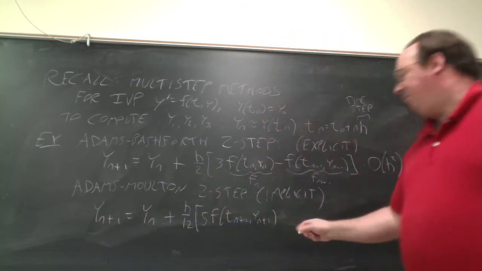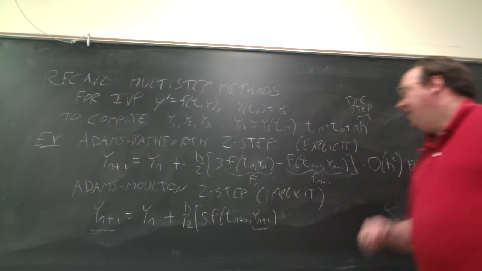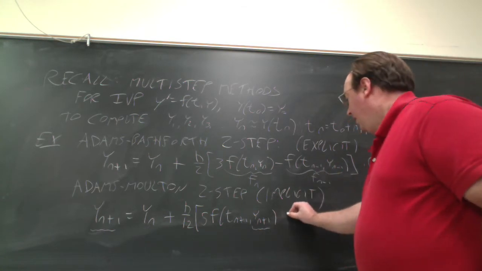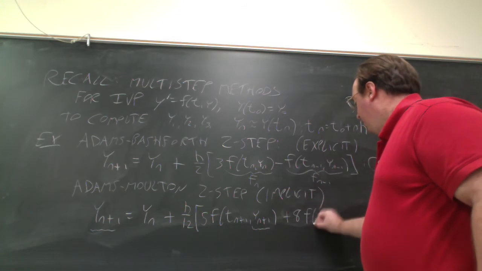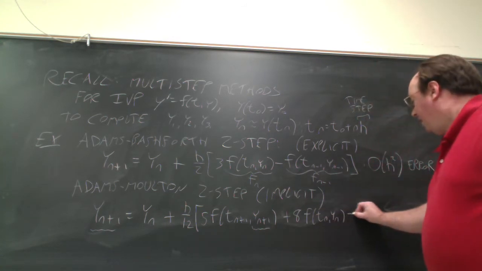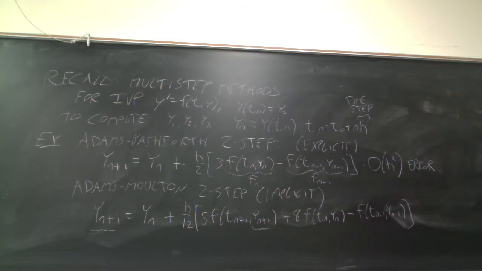So now you have yn plus 1 appearing on both sides of the equation. That's what makes it implicit. So you'd have to solve for it somehow. Okay. Plus 8 f of tn yn minus f of tn minus 1 yn minus 1. Okay.